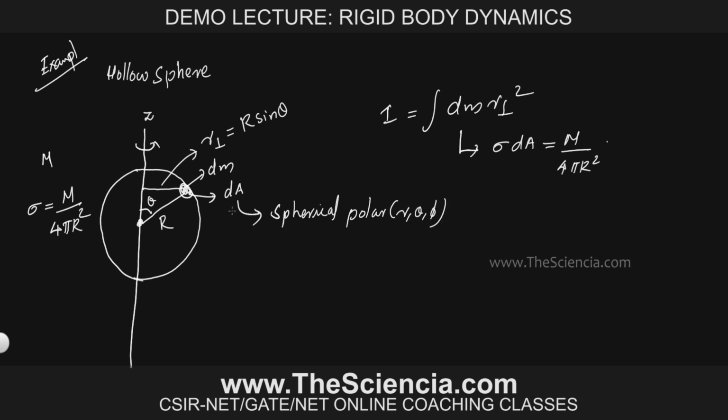We can define the area element as dA equal to r square sin theta d theta d phi. So here theta can vary from 0 to pi, and phi can vary from 0 to 2 pi.